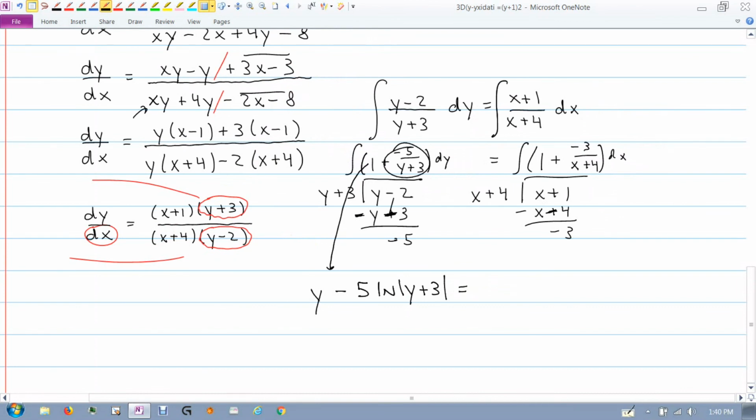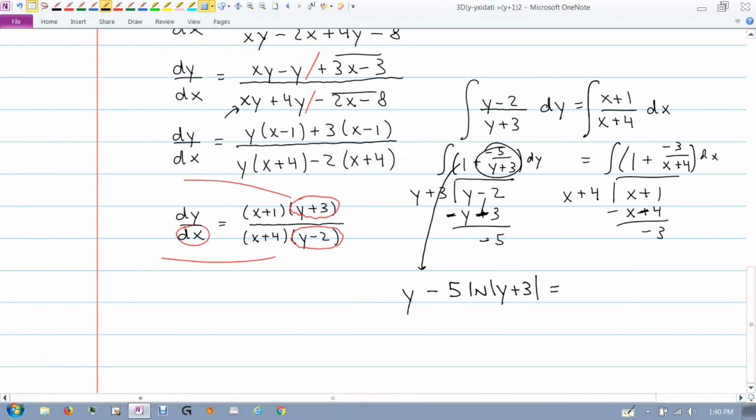Then equals, over here, the antiderivative of 1 is x, minus 3 natural log of x plus 4, and then plus c. All right, that looks pretty good. I'm satisfied. Just double checking it.